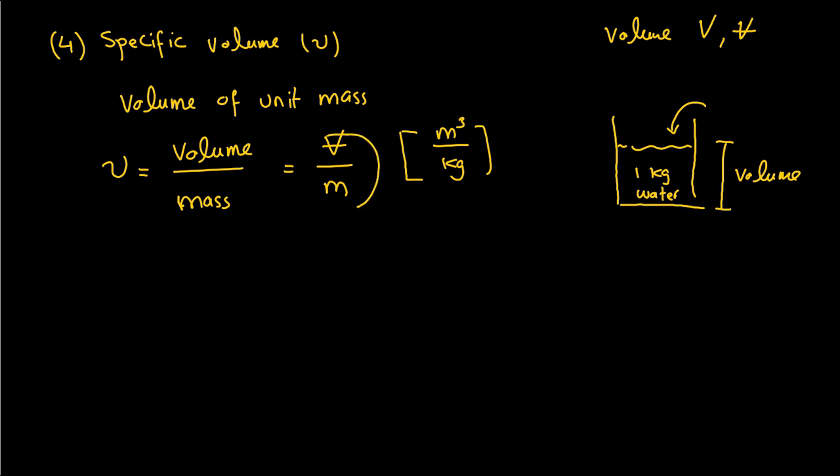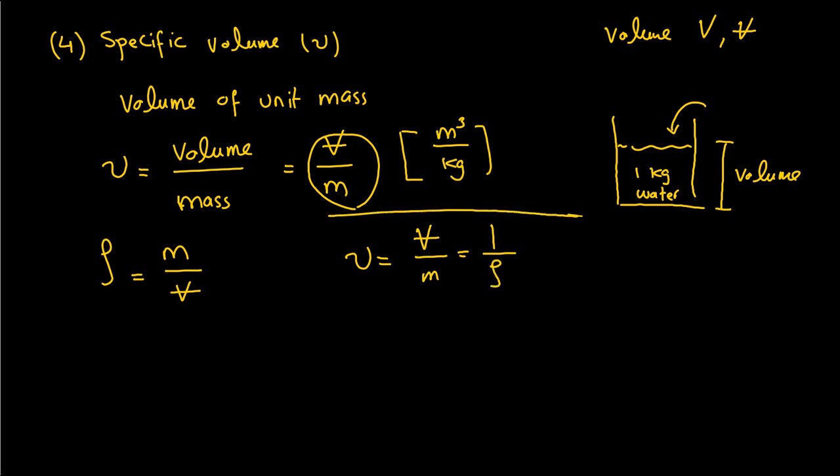Yeah, if I flip this, we know that rho, which is the mass density, is simply the mass over the volume, which means that v and rho are the flip of each other. So specific volume is volume over mass, or simply it's 1 over the density. So that's the relationship between specific volume and the density.